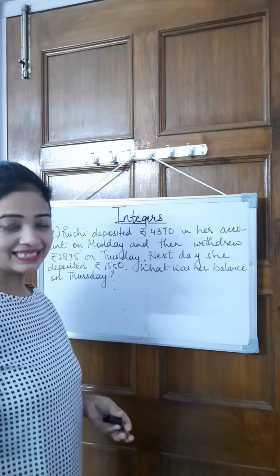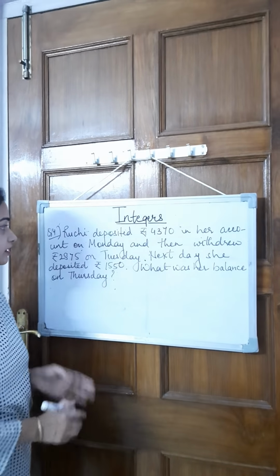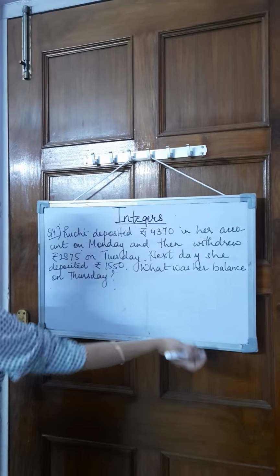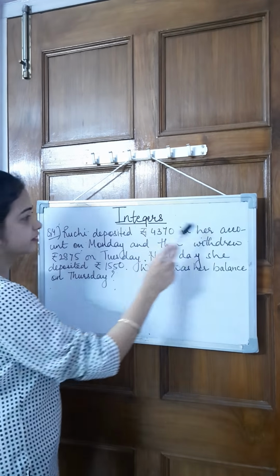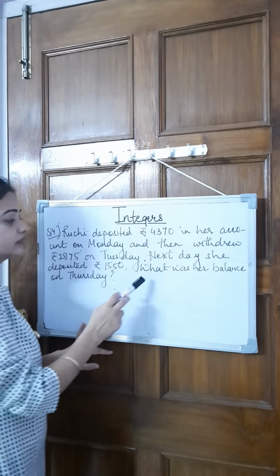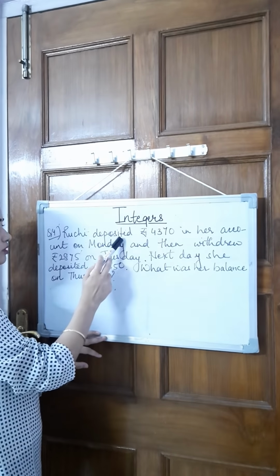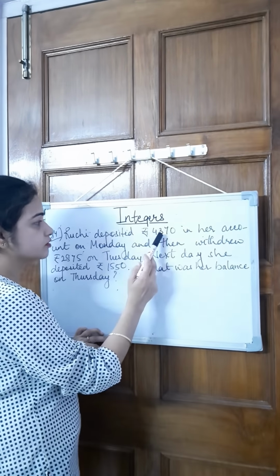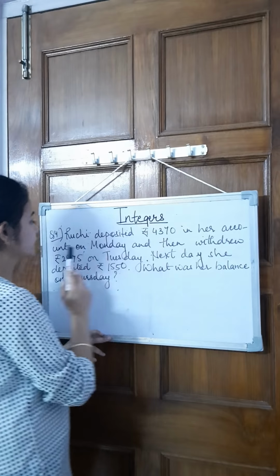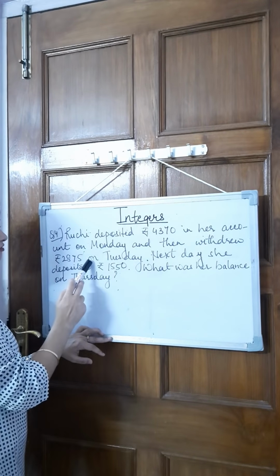This question is clearly showing when to put a positive sign and when to put a negative sign. Ruchi in her account is one day depositing, then she is withdrawing money, and then again she is depositing, and they are asking what was her balance on Thursday. So she first deposited rupees 4,370 on Monday, then withdrew 2,875 on Tuesday.